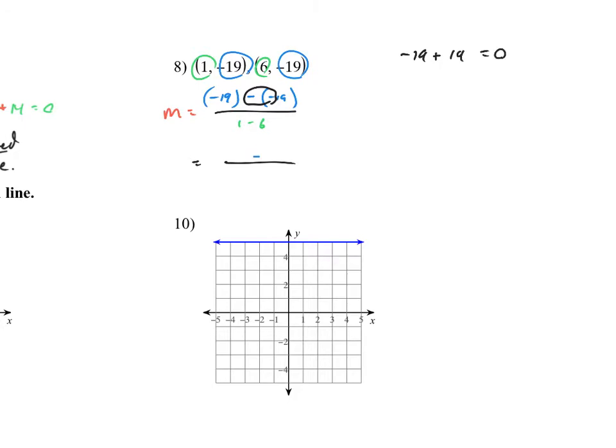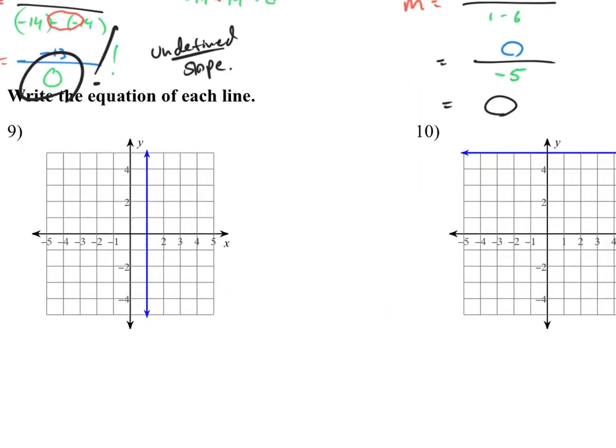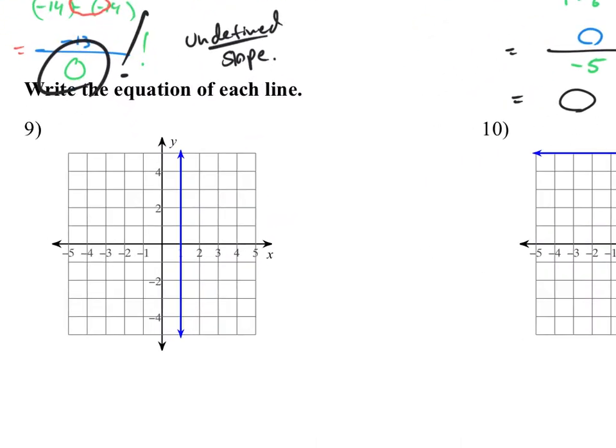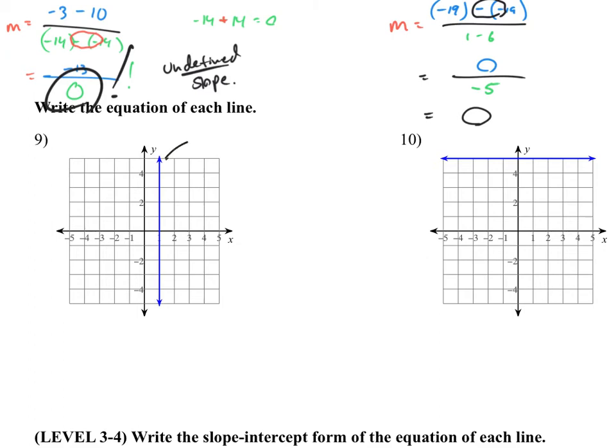So you just get 0 on top, and you get negative 5 on the bottom. 0 divided by negative 5 is 0, and so this has 0 slope, right? It's a horizontal line. So if we're looking at the slope for this line, this has undefined slope in a vertical line.